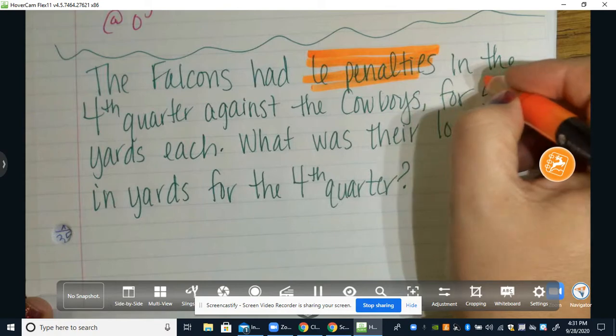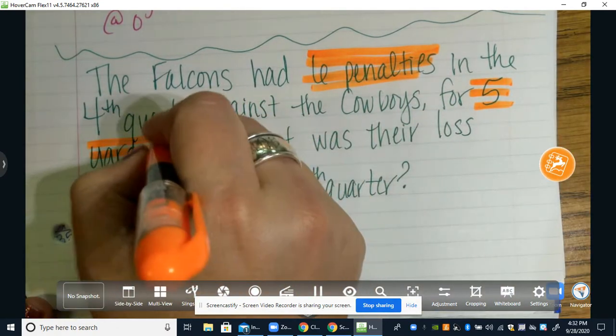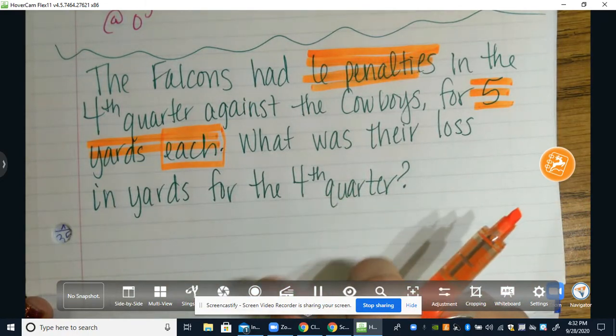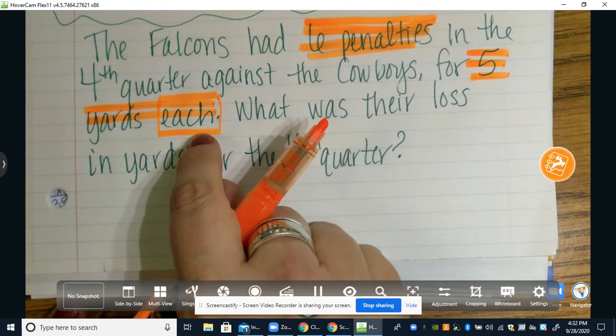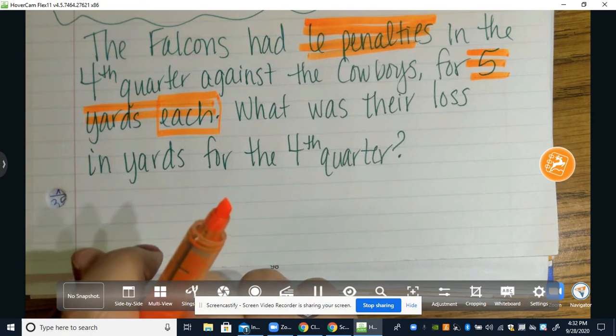For 5 yards each. And I want you to put a box around that word each. What was their loss in yards for the fourth quarter? The reason I put a box around each is because most of the time each means multiply.